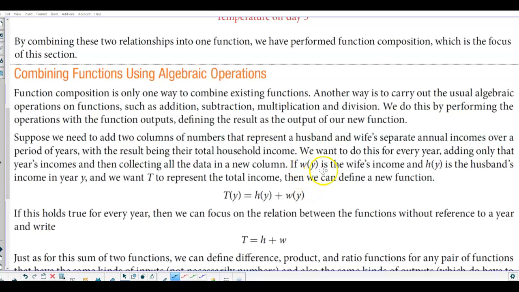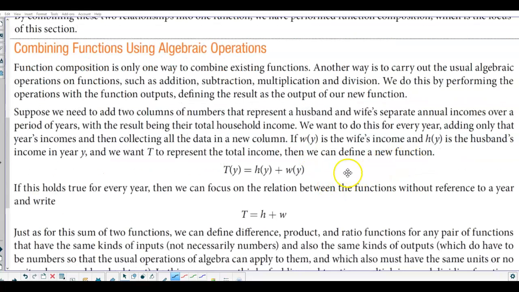If W of Y is the wife's income and H of Y is the husband's income in year Y, and we want T to represent total income, then we can define a new function as the following. T of Y, which is the total, is equal to the husband's income in that year plus the wife's income in that particular year.